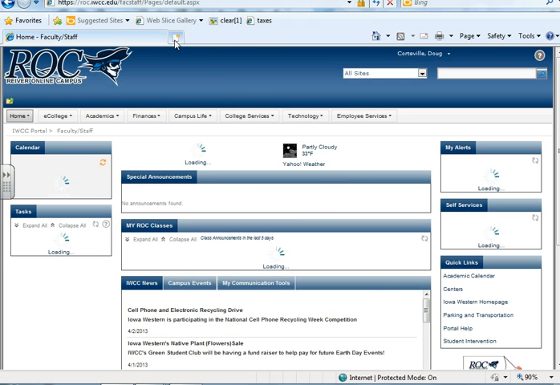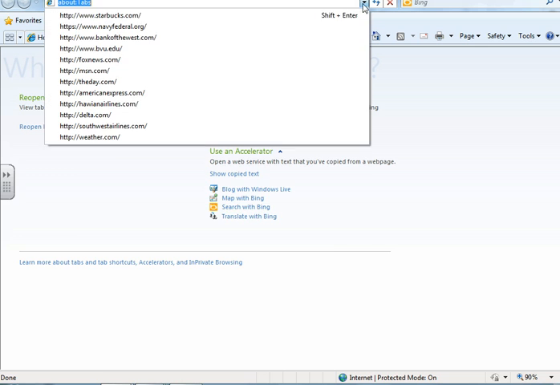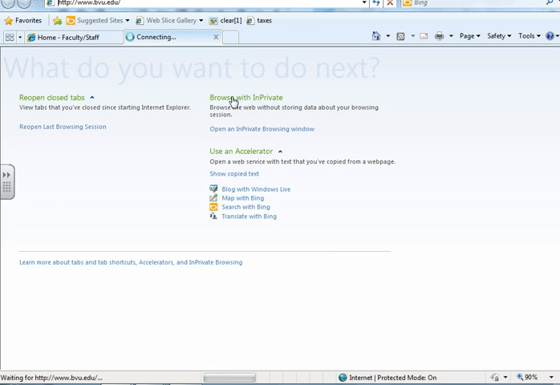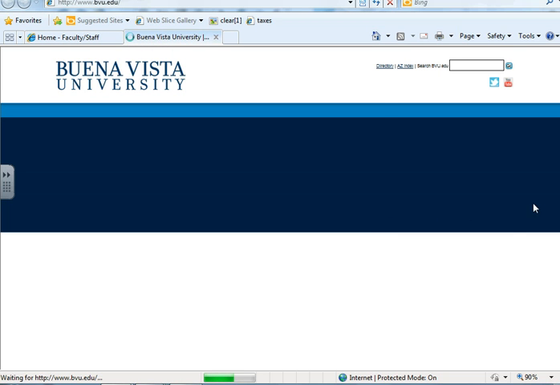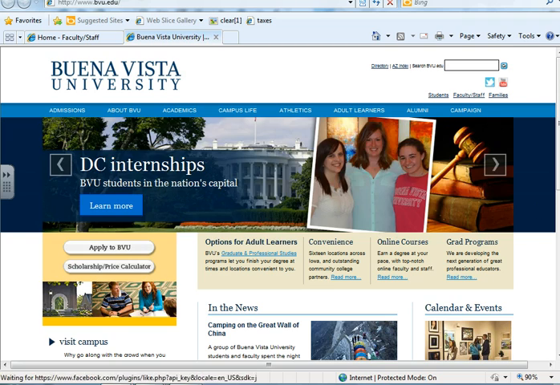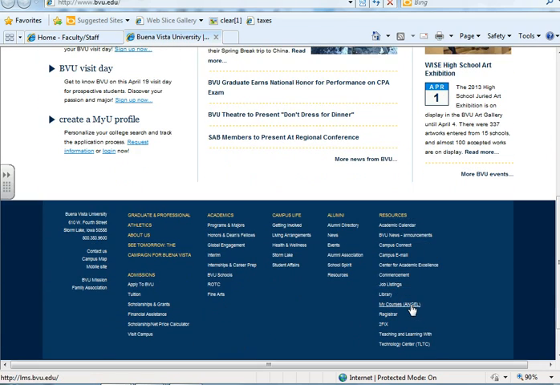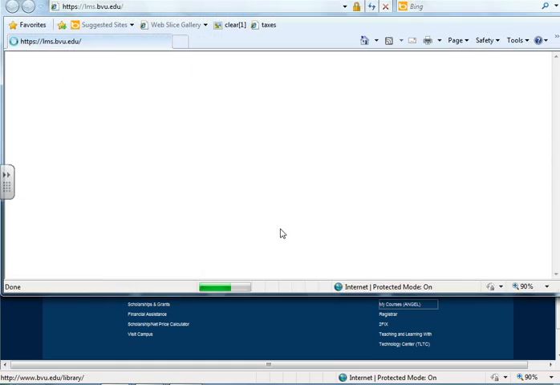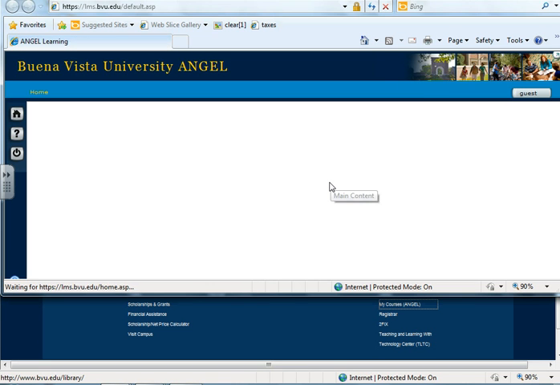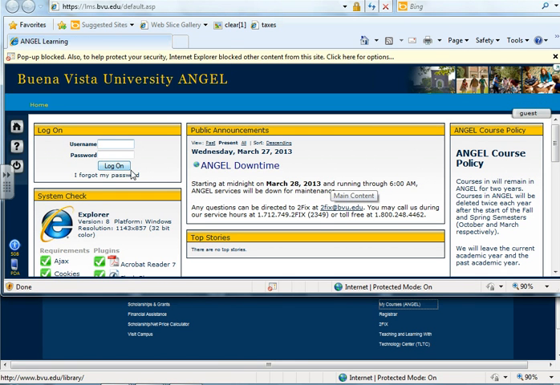Okay, so we're there. We're on the Buena Vista website, which of course has a different password. And there's Angel. Has a different logon and a different password.